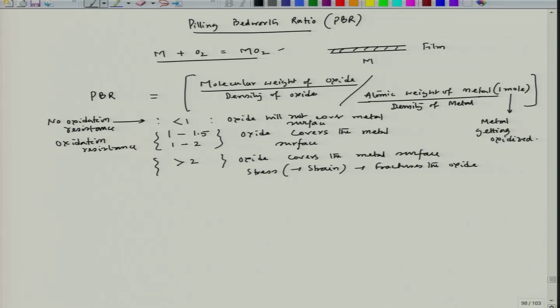So we will say there is less oxidation resistance, and remember this is based only on whether the metal oxide covers the surface or not. We will continue our discussion on this Pilling-Bedworth ratio and do some calculations to see whether a particular oxide will be protective or not. So, let us stop here. Thank you very much.